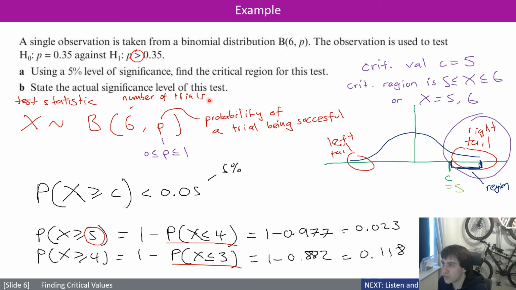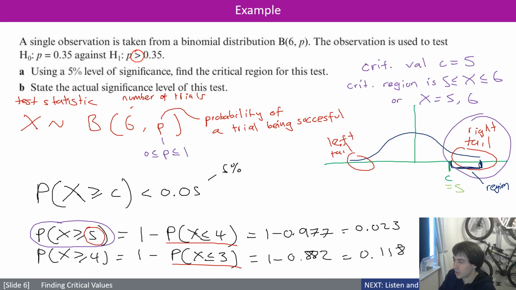Okay, so then part B, state the actual significance level of this test. The actual significance level is simply the actual probability that corresponds to that critical value. In other words, that critical value or above, what's the probability of getting a number in the critical region? So we said we wanted it to be less than 0.05, but because we're using whole numbers, we'll never exactly get 0.05.